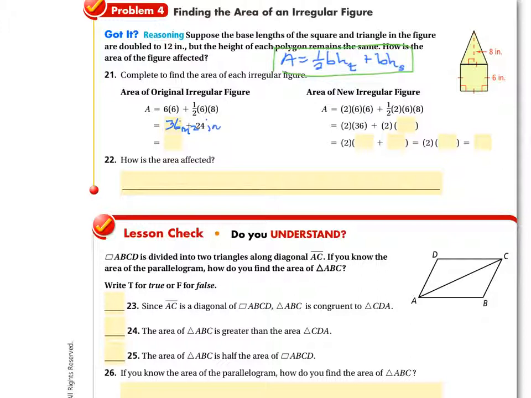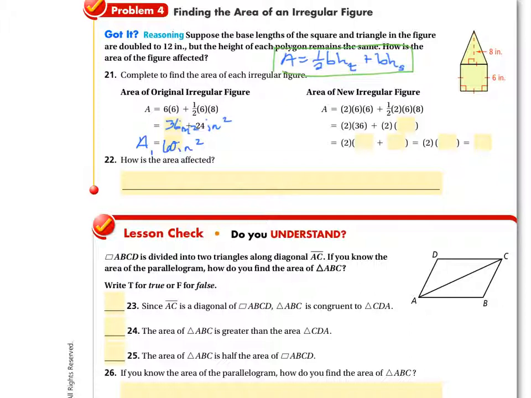The 24 came from the fact that 6 times 8 is 48, and half of 48 is 24. And so now it's 36 and 24. So we have 60 squared inches. So that's area sub 1 of the first figure.